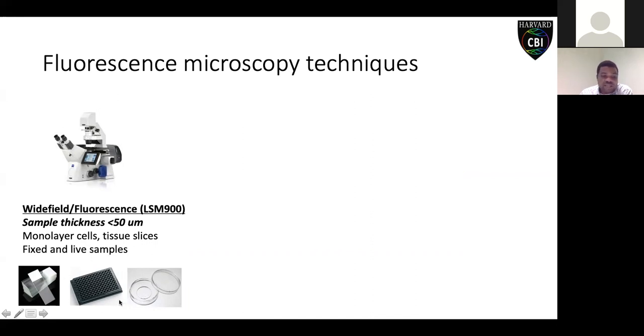So here are some sample holders that can go on that microscope. It can take a slide, a multi-well plate, and dishes. On the LSM 900, the new microscope that we have, there is a camera right here, and that camera is what you'll be using for the Widefield imaging.